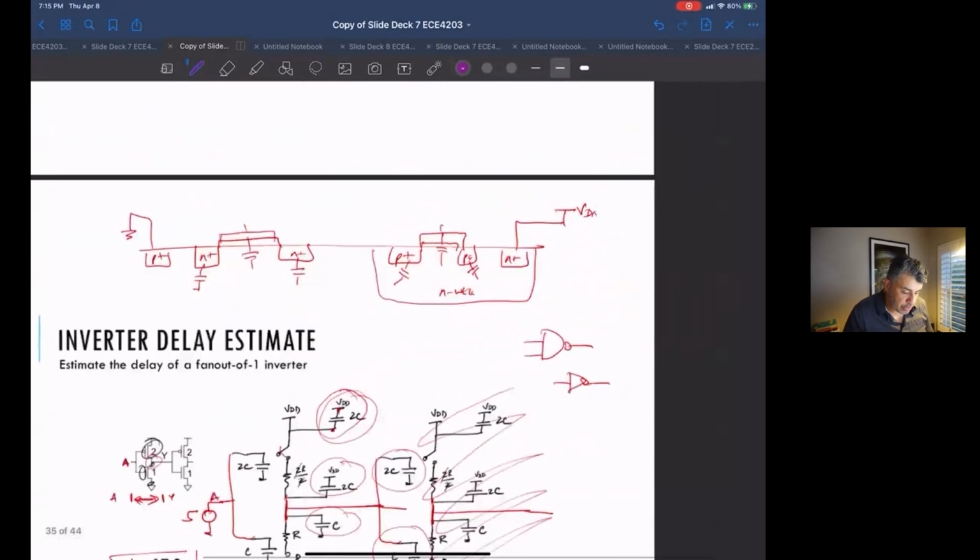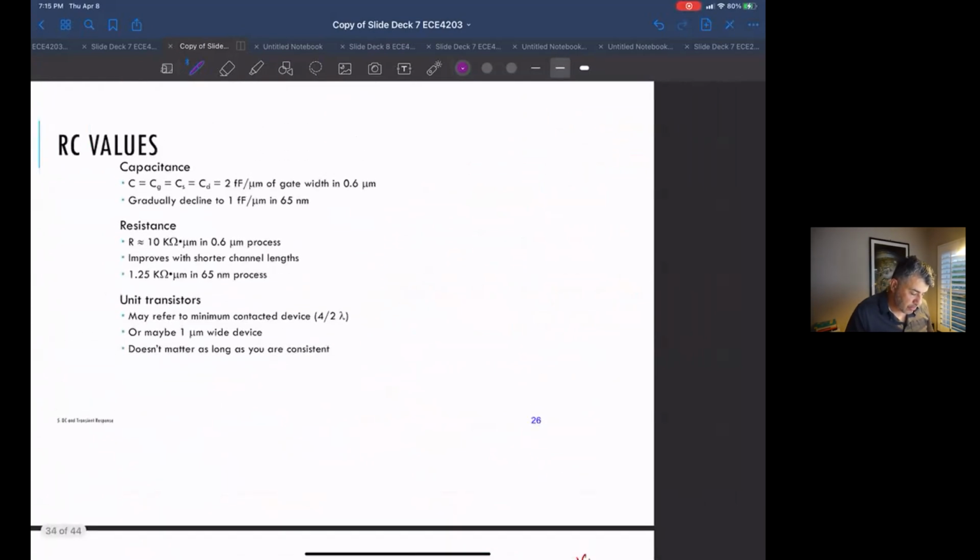So for example, I think it's given here, if you look at the RC for a 65 nanometer process, seems like it's 1.25 kilo ohms microns times 1 femtofarad. So this is RC for 65 nanometer process. Let me calculate that.